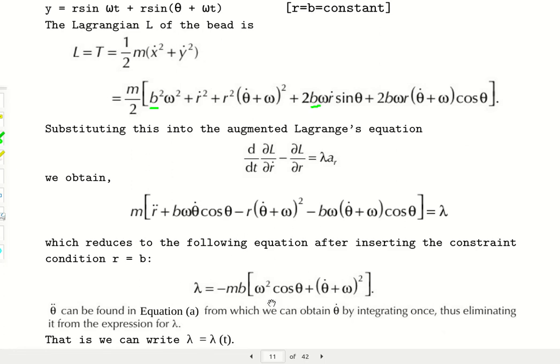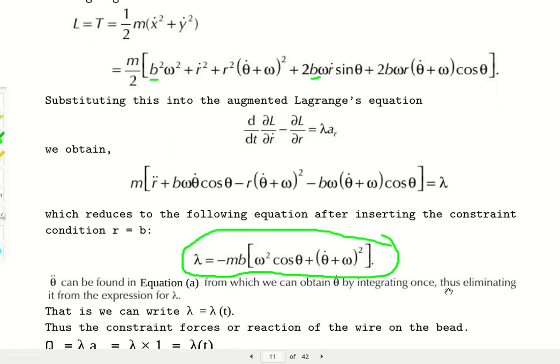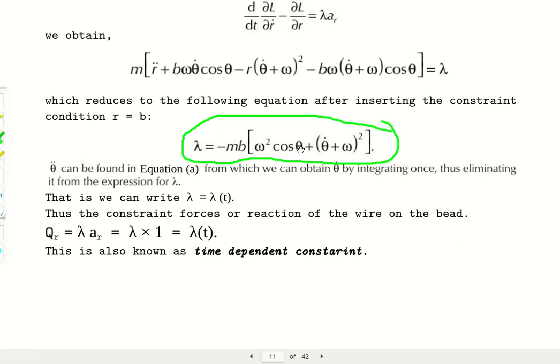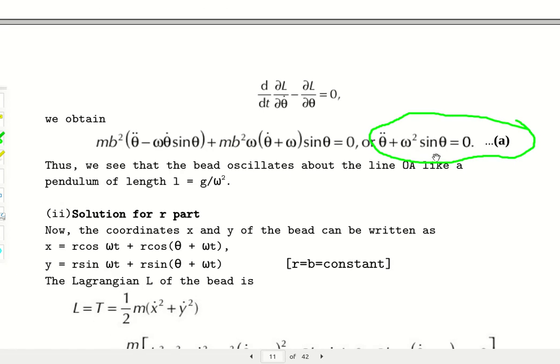See, in place of R, the B is put here, and from there lambda can be found, because everything is known: m, b, omega, theta. In known terms, lambda has come out. But see, theta is a function of time. We have seen it from here.